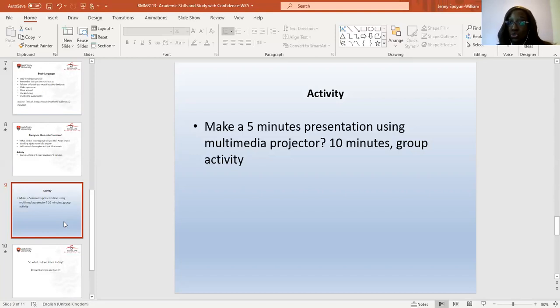So it's good to do a dummy run. So do a 5 minute presentation using a projector so that you get familiar with how it works. And then also a 10 minute group activity. How are you going to engage with your group members, your team members? How will you delegate the different roles and responsibilities? How would you approach the introduction when you go for the group presentation?